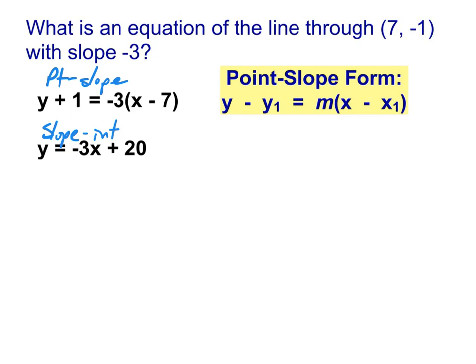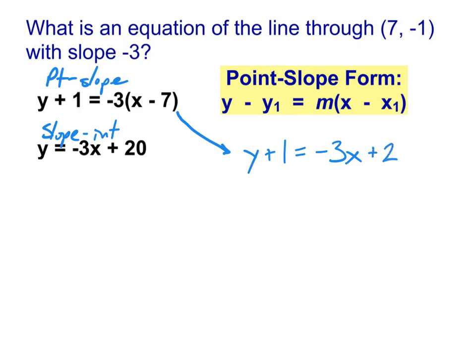Notice our slope-intercept form. What makes it slope-intercept is that there's no parentheses and it's just plain old y equals. So if I want to do that with my point-slope form, the first thing I'm going to do is get rid of the parentheses. Well, that means it's still going to be y plus 1 on the left side. But I distribute in the negative 3, so that becomes minus 3x, negative 3x that is. And then I'm going to also do the negative 3 times negative 7. Negative times negative, of course, is positive.